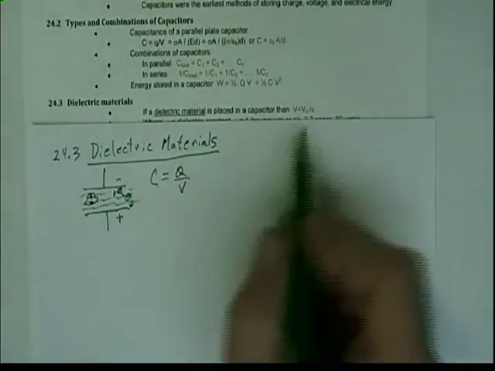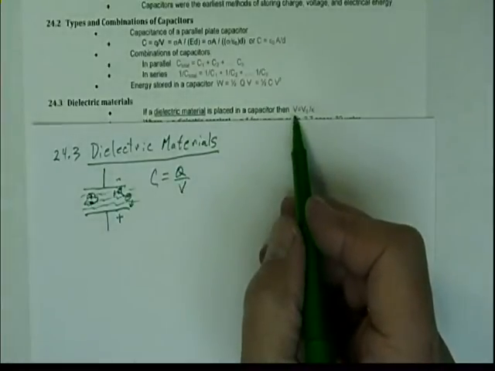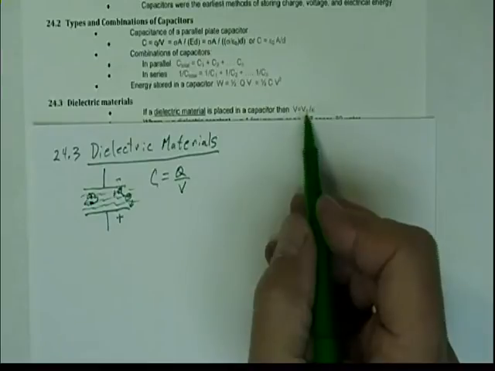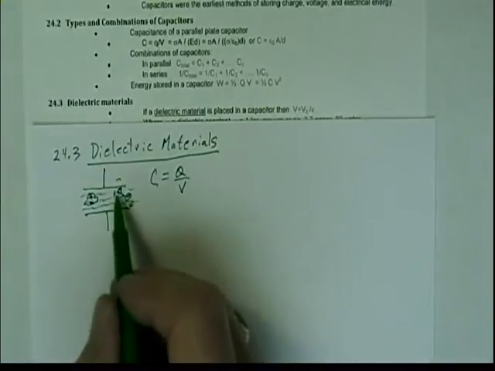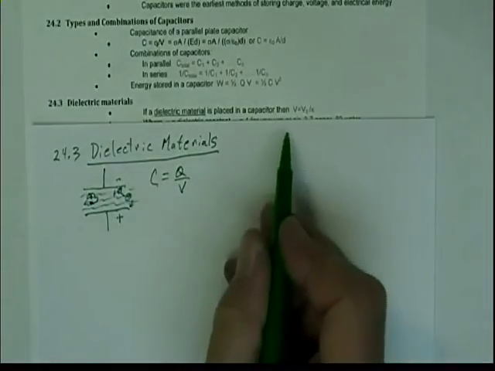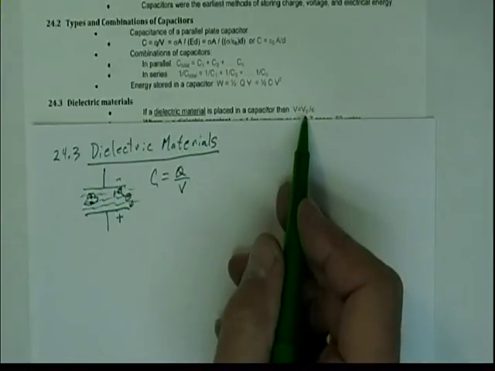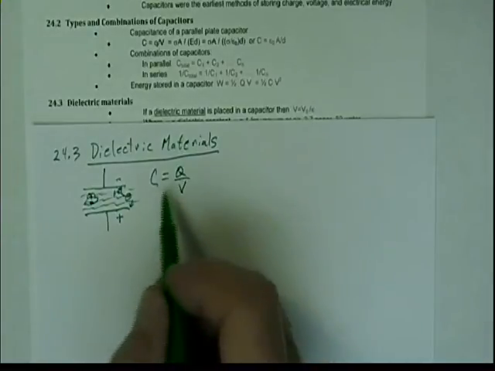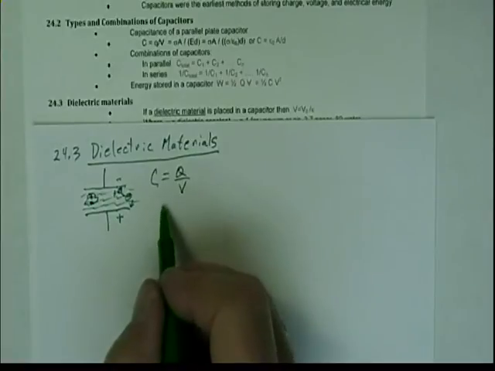How is it altered? Well, it turns out that the equation is V is equal to V naught divided by kappa. In other words, the voltage that you would have had otherwise as V naught, if it's empty, is now altered by a constant kappa.